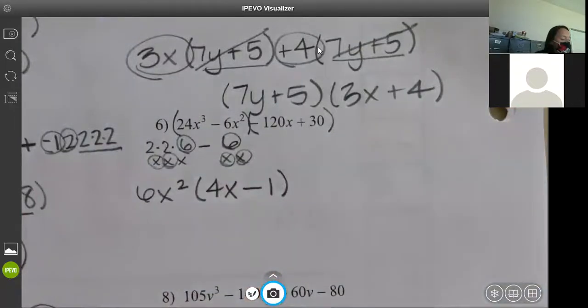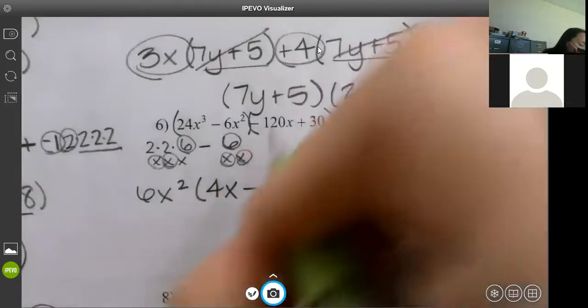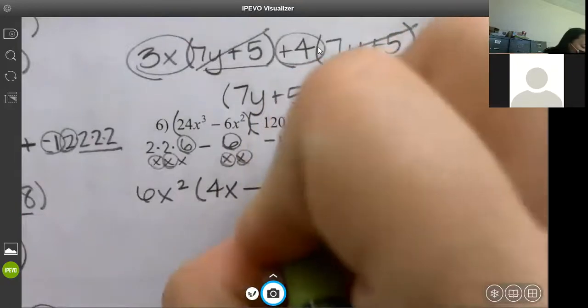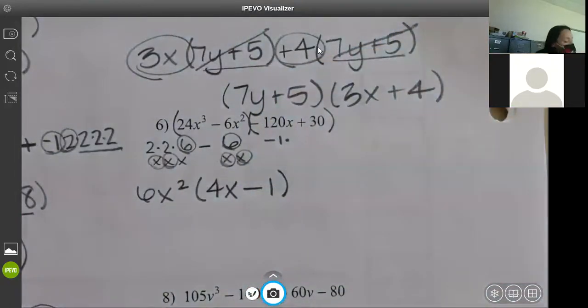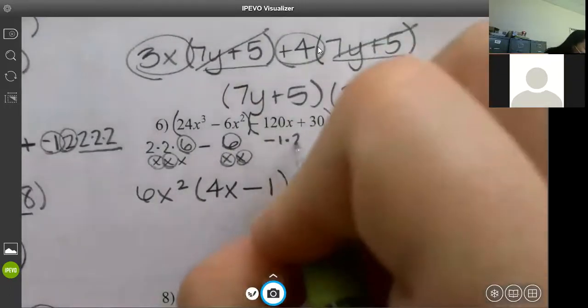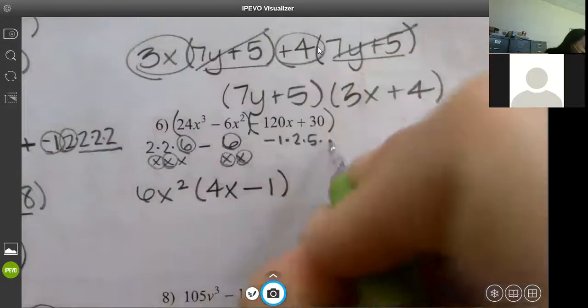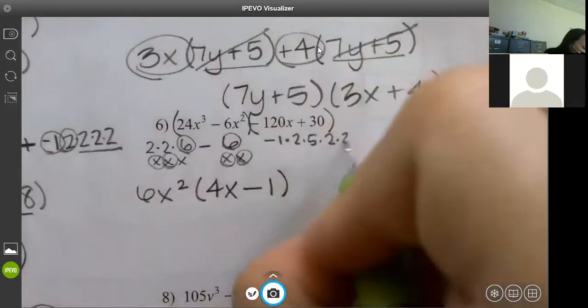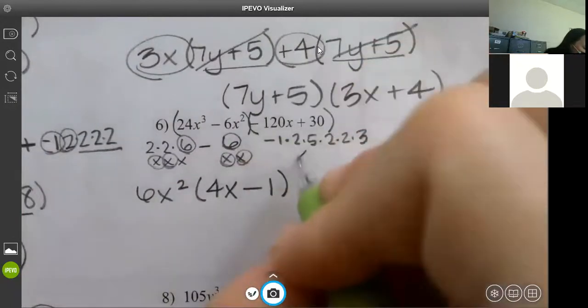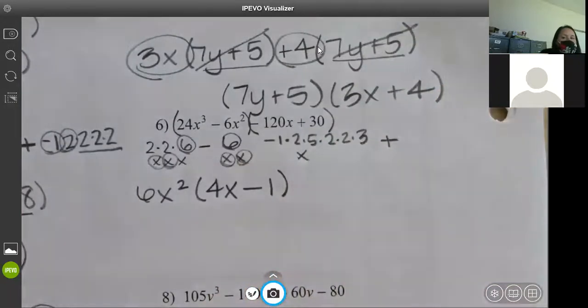And the next one, negative 120x. Factor it out. To factor out negative 120, it's negative 1. 120 is 10 and 12. You can work it out yourself, 10 and 12, so that means 2 and 5. 12 is 2 and 6, or 2 and 3, and an x.